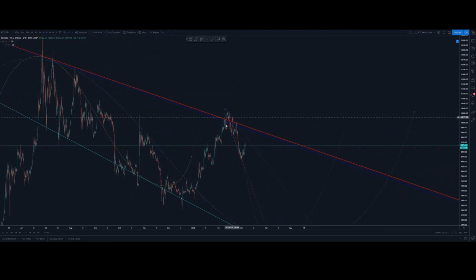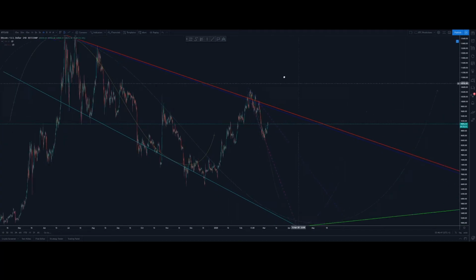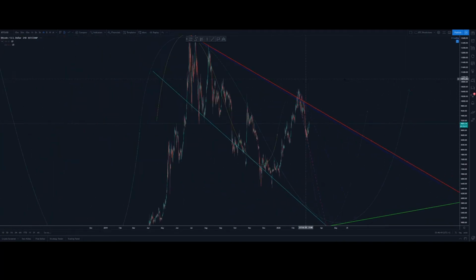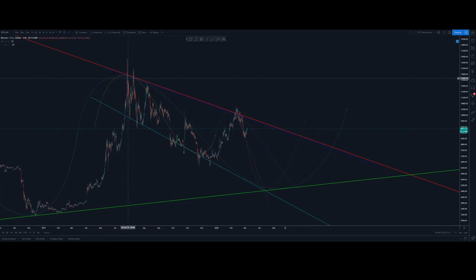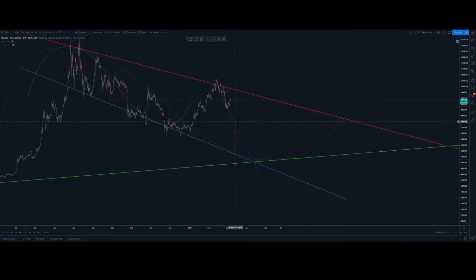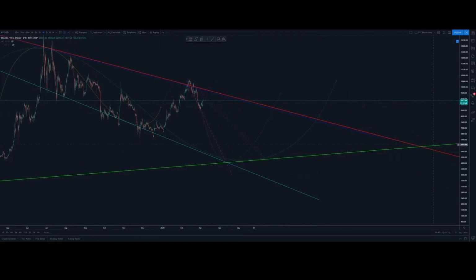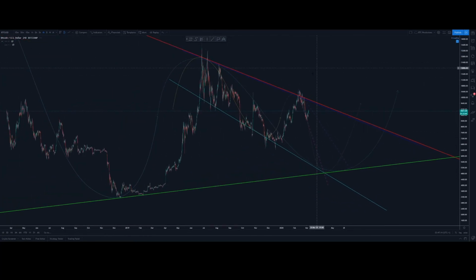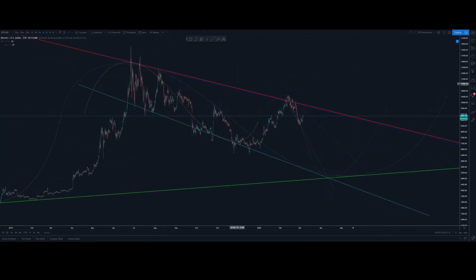But we had our first confirmation of resistance already here, and like we know about broadening wedges that are descending, they have a high probability of breaking to the upside or reversing bullish, and otherwise we will have a bearish continuation, which would be very bad news, but I don't see that happening.